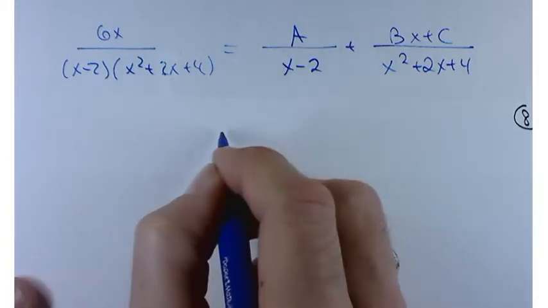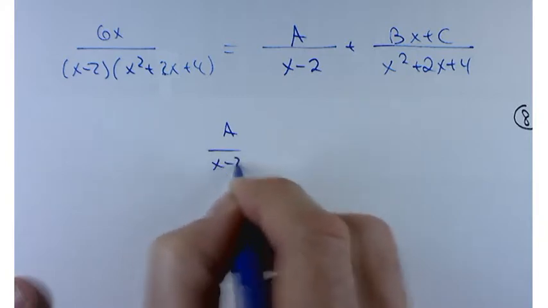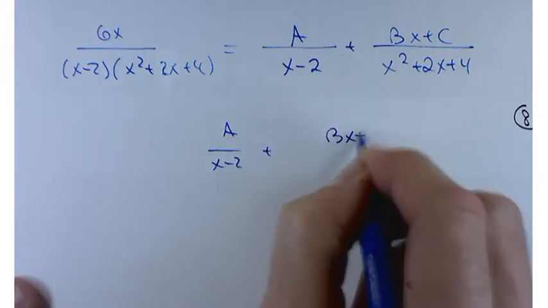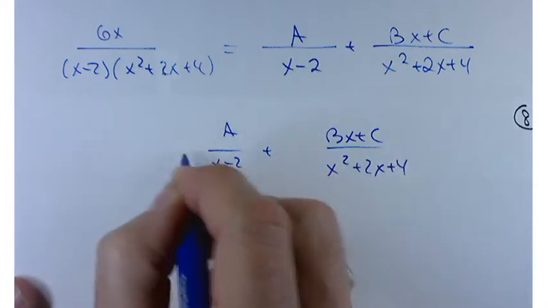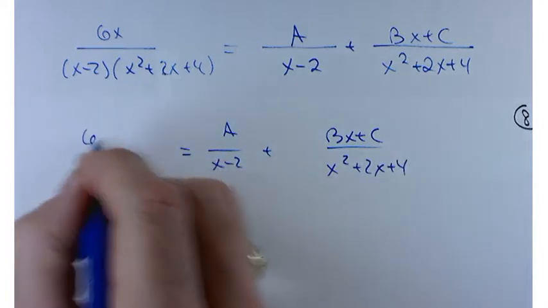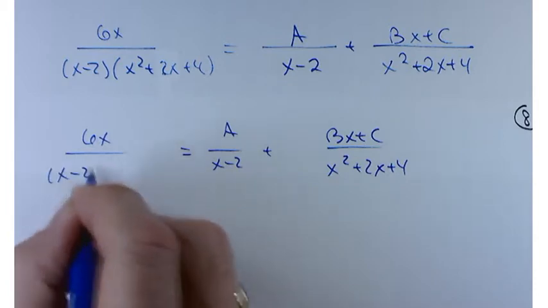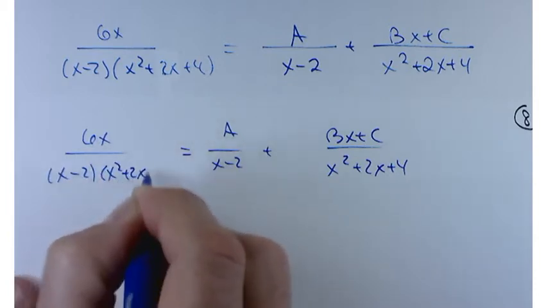So let's see. A over x minus 2 plus Bx plus C over x squared plus 2x plus 4 equals 6x over x minus 2 times the quadratic.